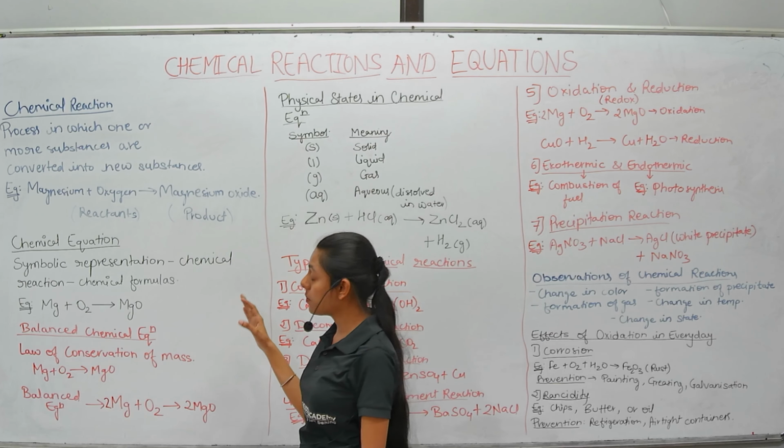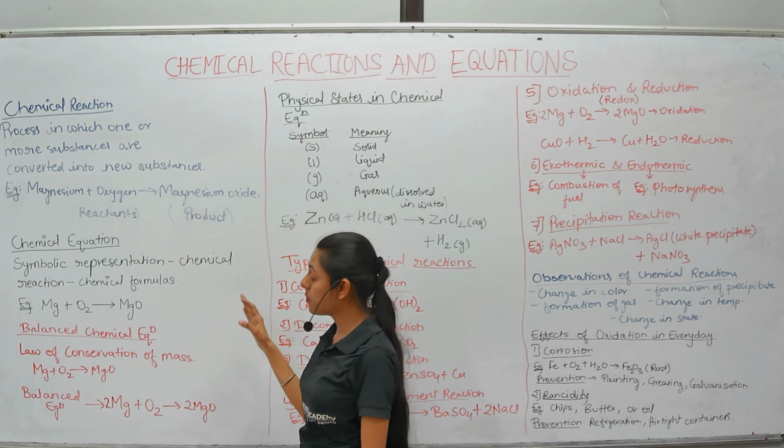The example here is zinc plus HCl will give zinc chloride plus hydrogen. Zinc here is a liquid and HCl is in aqueous form. Then zinc chloride is also in aqueous form, and hydrogen is a gas, so we'll add a G in front of it.